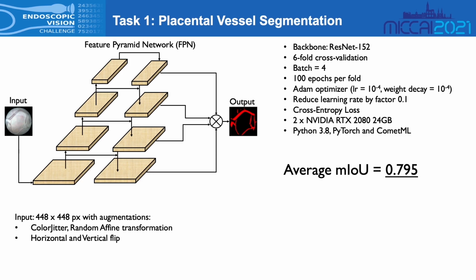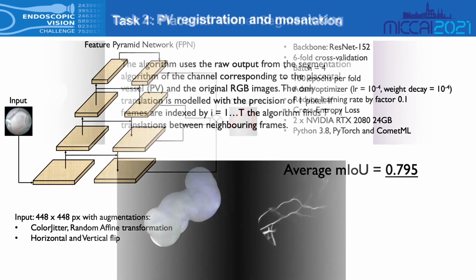As a loss function, we use cross-entropy loss. For training, we scale images and masks to 448 by 448 pixels and use a set of augmentations.